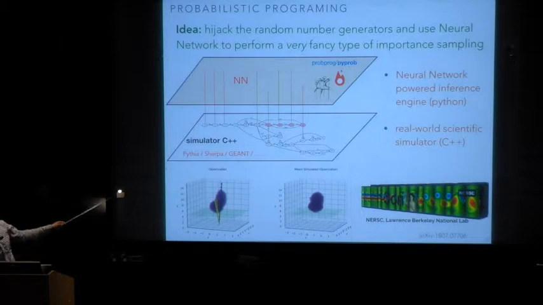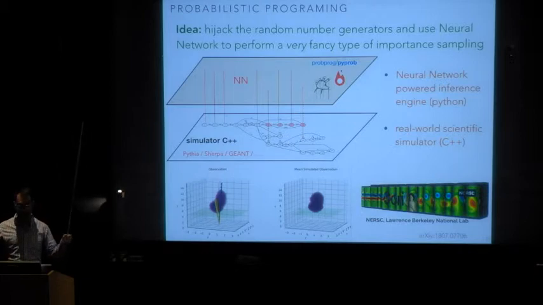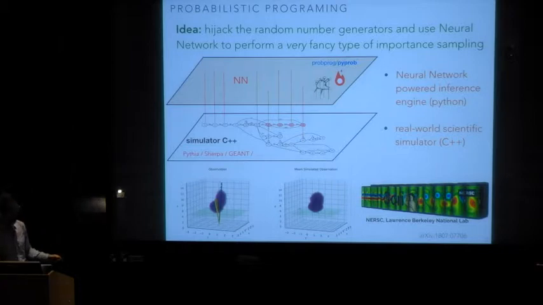The other approach in probabilistic programming is you reach deep inside of the simulator and grab all the random number generators, and you are literally integrating over the latent space that's inside the simulator. So all the random number calls, whatever, in Fortran.